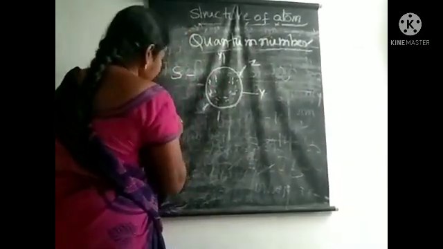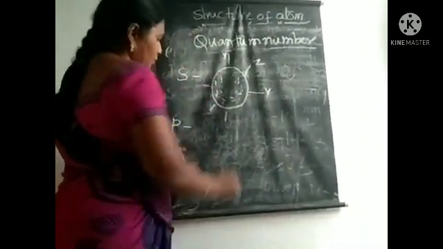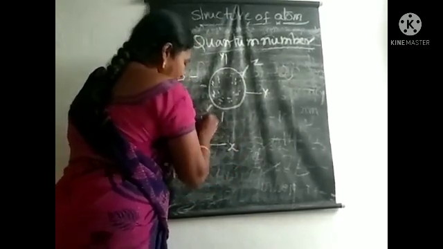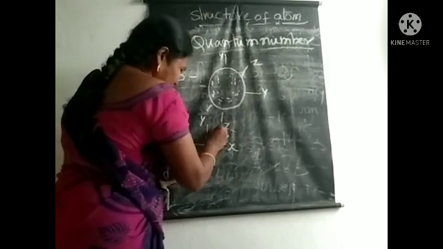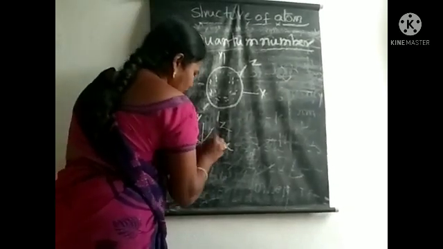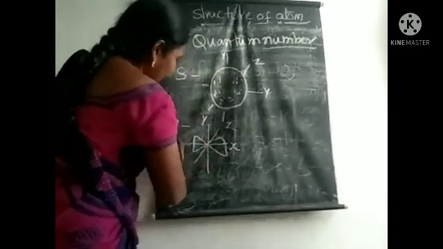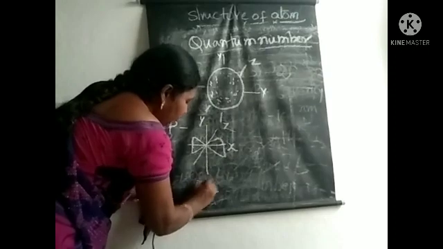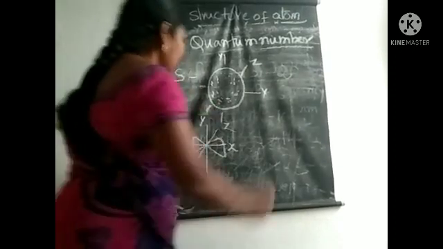Okay, the shape of the p orbital. Here are the x, y, z axes. The p orbital is dumbbell in shape. Here the p orbital is along the x-axis, so I will write px.